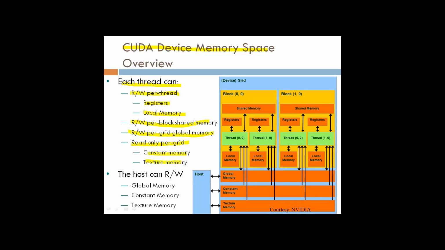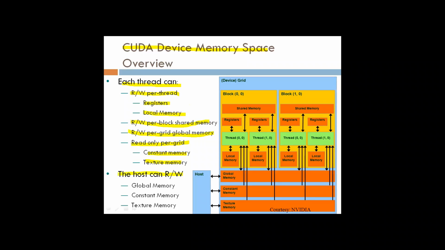So we can see that constant memory, texture memory and global memory are separate for every grid. Every grid has its own constant memory, its own texture memory, and its own global memory.